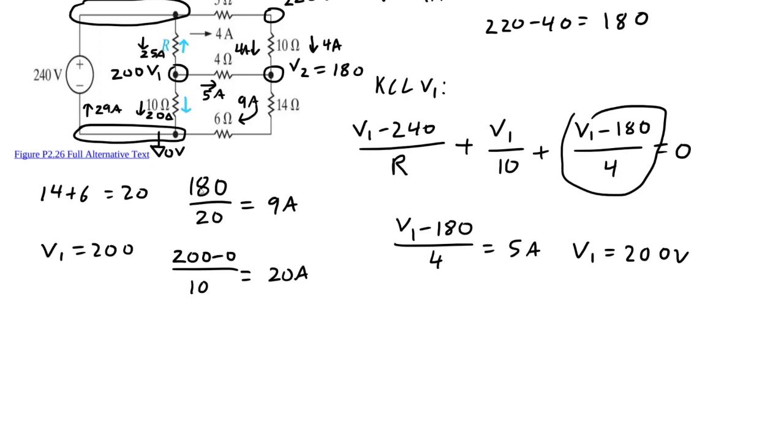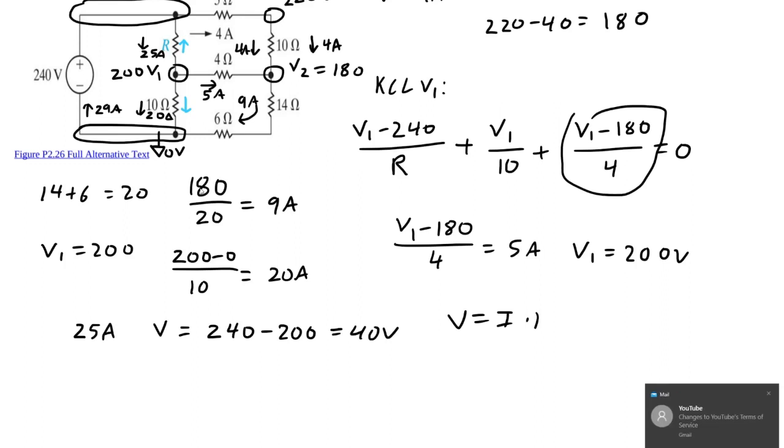So if we know that we have 25 amps going through that resistor, we also know that the voltage drop across that resistor is going to be 240 minus 200, so 40 volts. And we can use V equals I times R. Let me actually put this over here. V equals I times R.